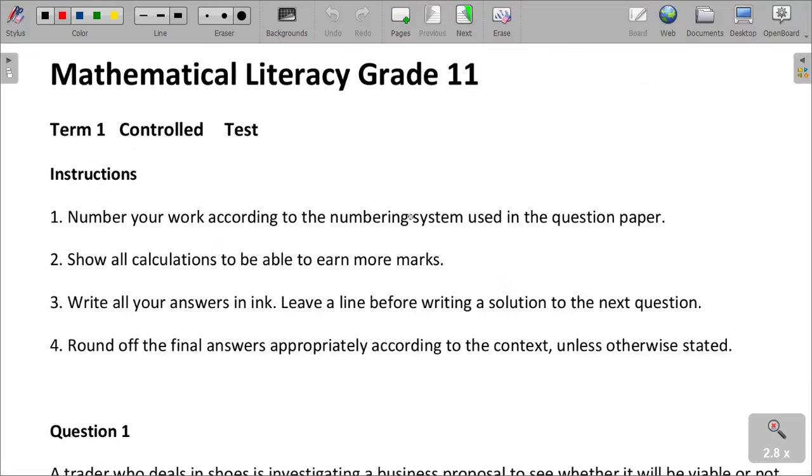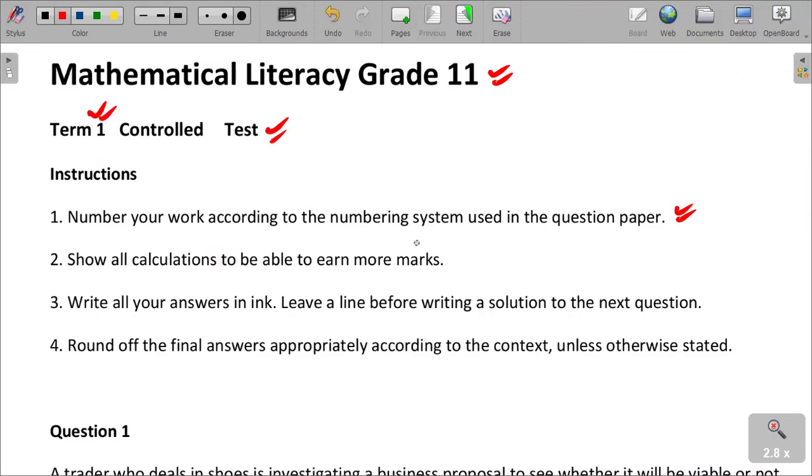So without wasting any time, we have to know that every time an exam is to be written, the instructions must always be read. As you can see, it's Mathematical Literacy Grade 11, term 1 controlled test. Instructions: number your work according to the numbering system. It is always very important.